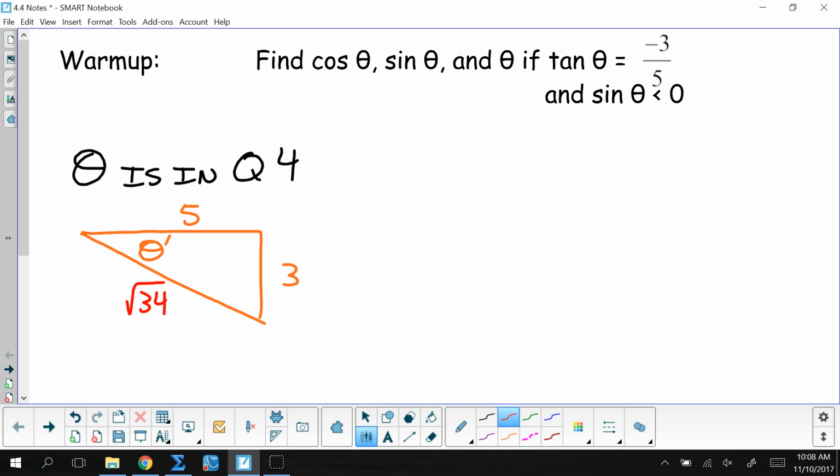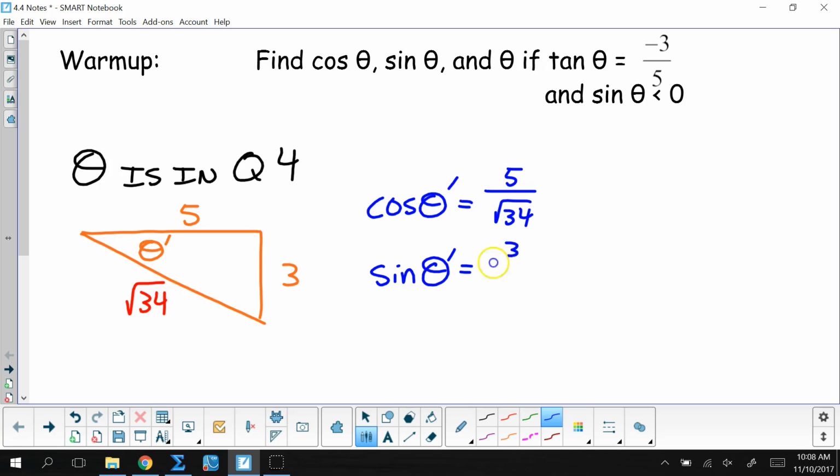So then I need cosine of theta. I'm going to find the cosine of my reference angle. That would be 5 over the square root of 34. Sine of my reference angle would be 3 over the square root of 34. Now, that's of my reference angle.